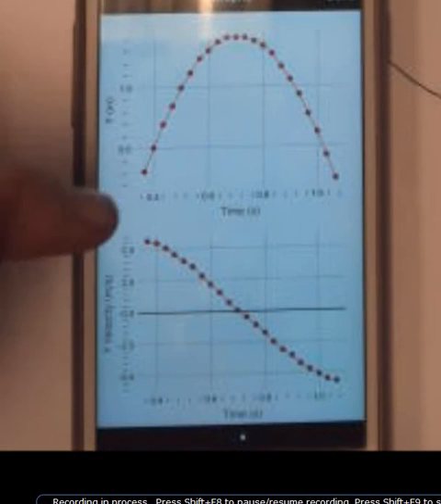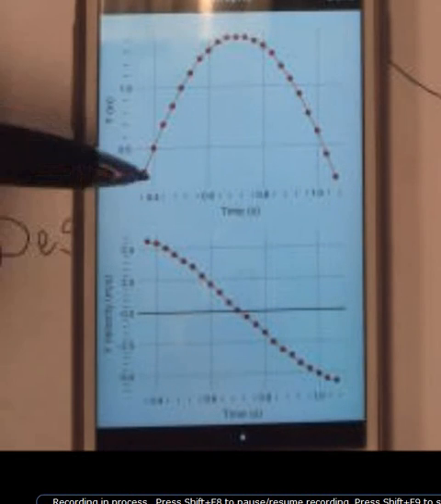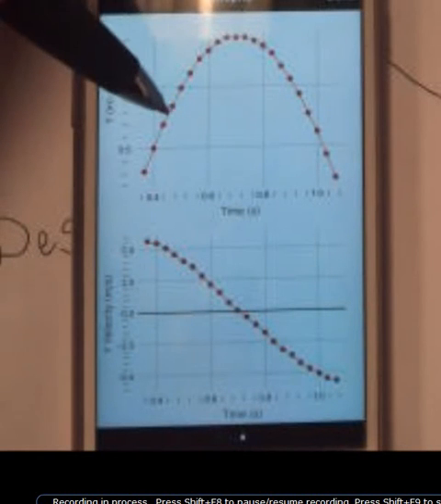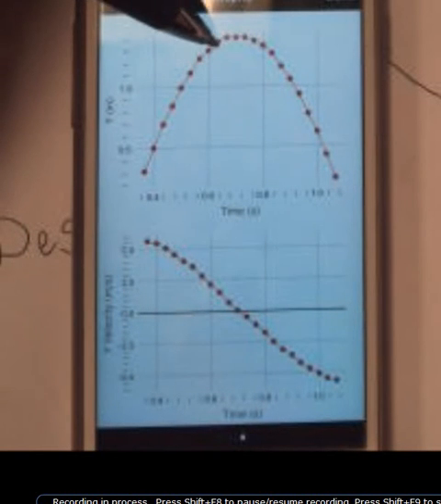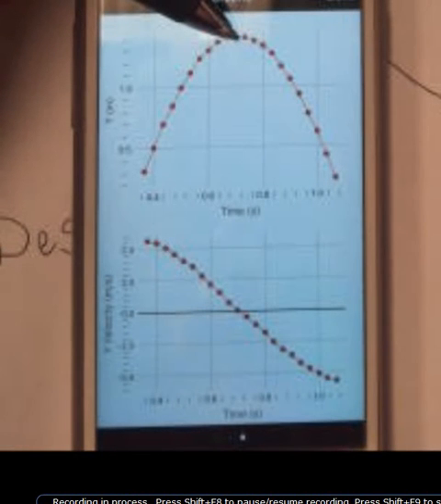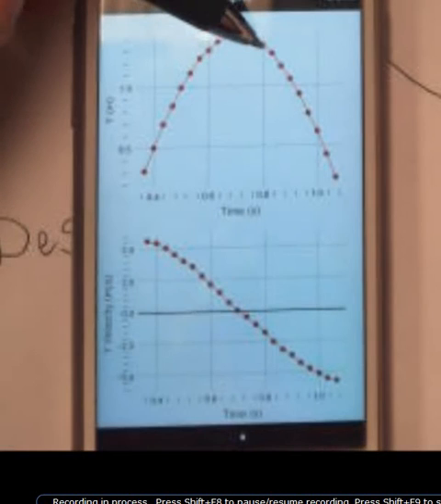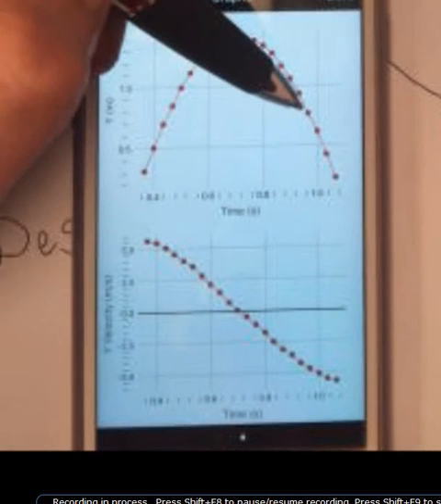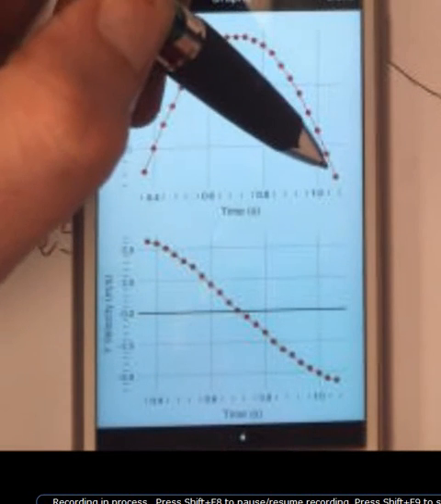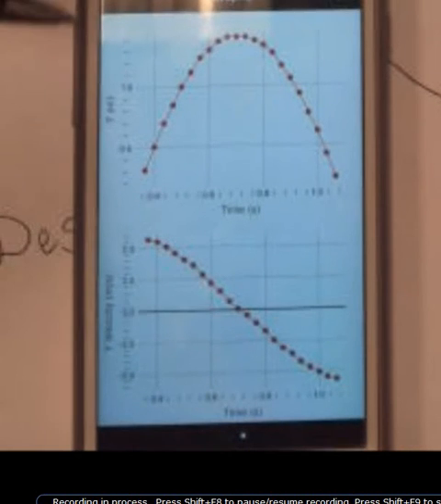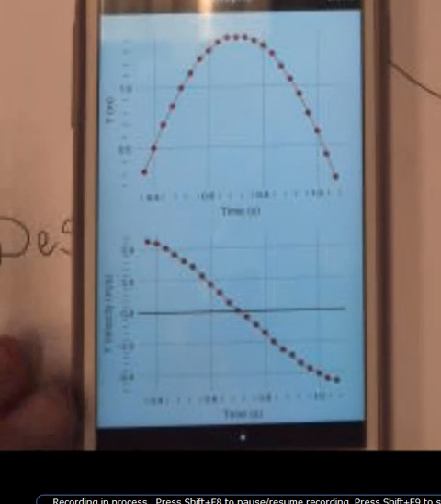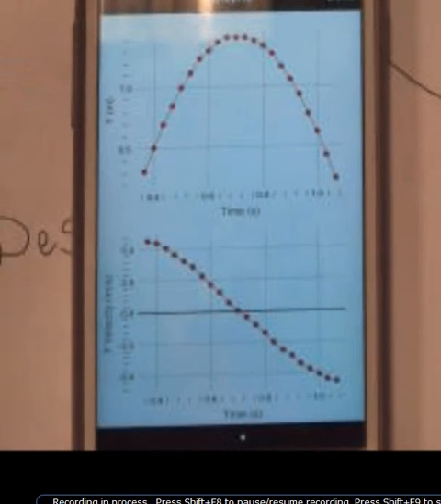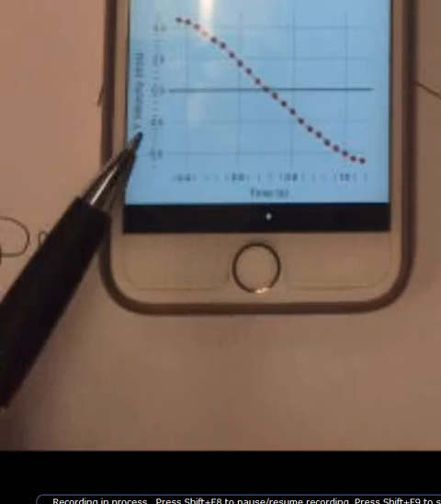There is a larger change between point 1 and point 2 than between point 9 and point 10. And then there's a very small to almost no change between point 11 and point 12, versus 21 and 22. This is our position versus time. And what we can see is that it is a parabolic function, just like we predicted it would be. And then we look at our velocity versus time.